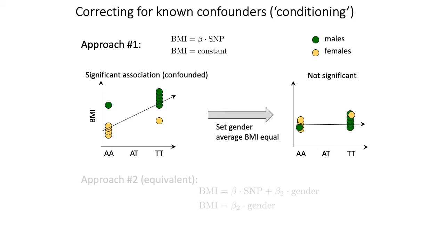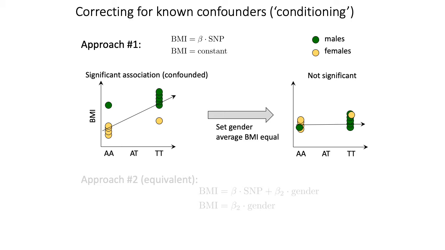The reason for this is that if the T allele is heavily biased towards males just because of genetics, then there will be many more males represented in the TT genotype compared to, for example, the AA genotype.